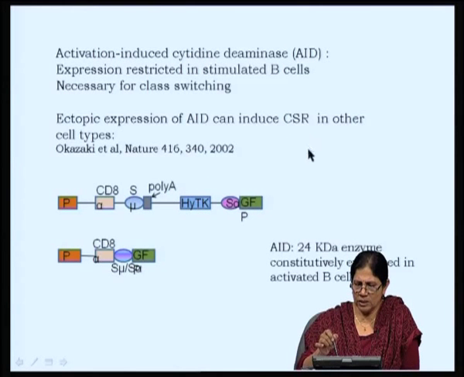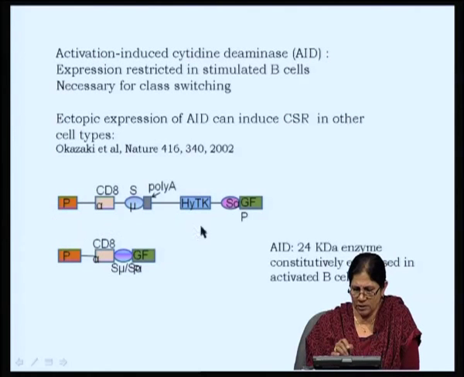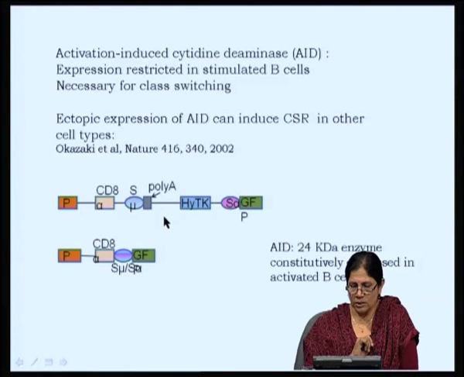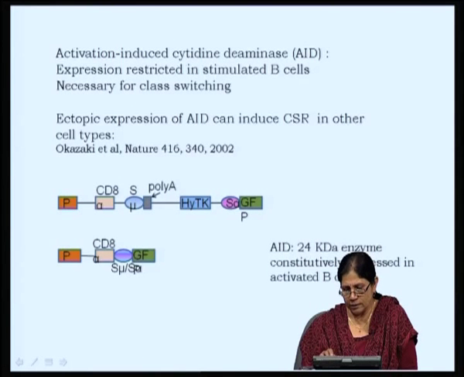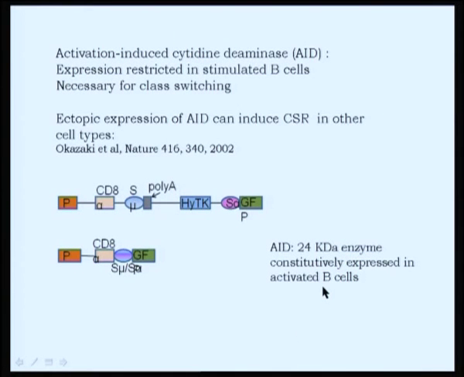Then all the cells containing this construct were transfected with AID, the construct that encoded activation induced deaminase, an enzyme of 24 kilodaltons, which is constitutively expressed in activated B cells. When this was transfected in the fibroblasts carrying the stably transfected construct, the cells started to fluoresce green. How did this happen?